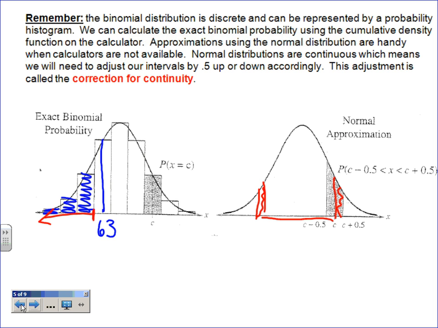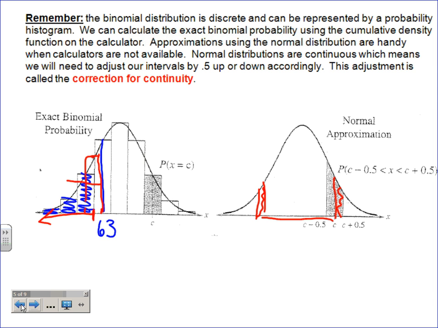So is the reason you go from like 62 and a half down because you want to have from 63 so that it's a midpoint and it's from 63 over? No. Because 63 is the midpoint of that rectangle.